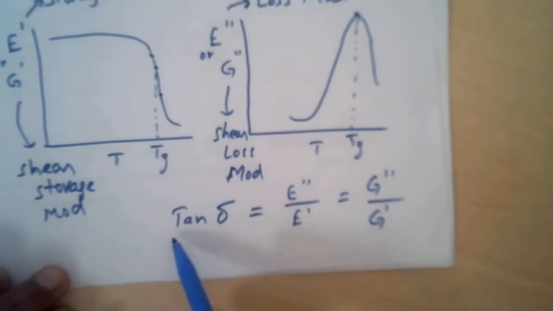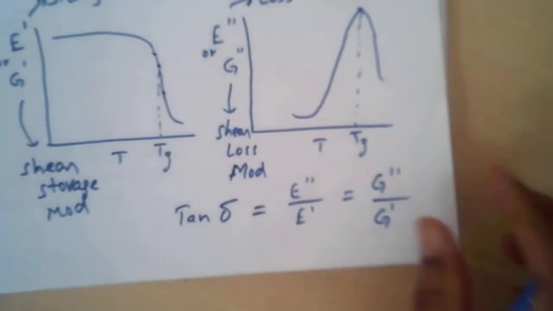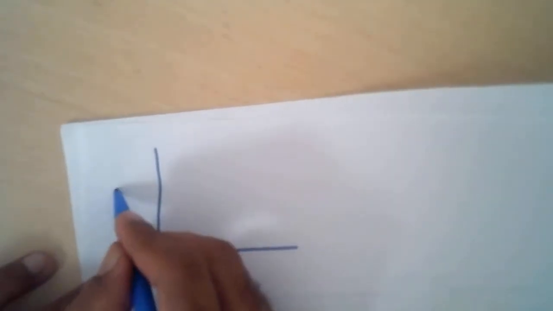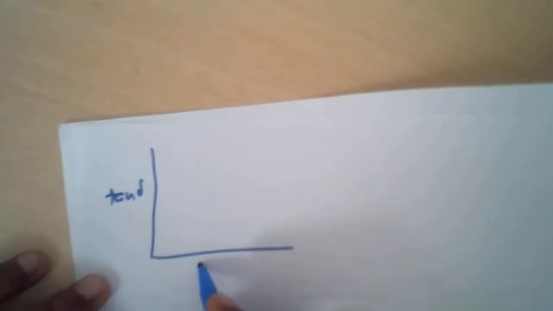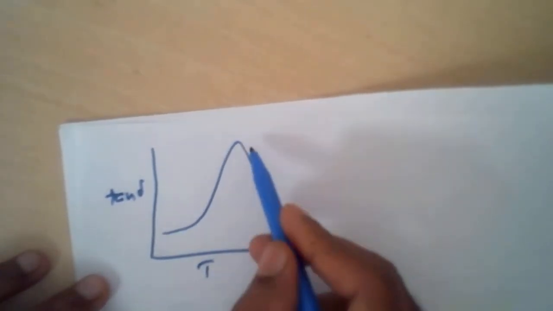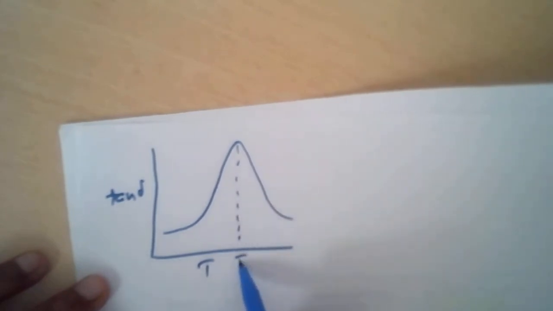So when you plot tan delta versus temperature, that also will give you a similar kind of curve which we saw here. So if you plot tan delta versus temperature, that will also give you some sort of curve, and then at the peak point we call it the glass transition temperature.